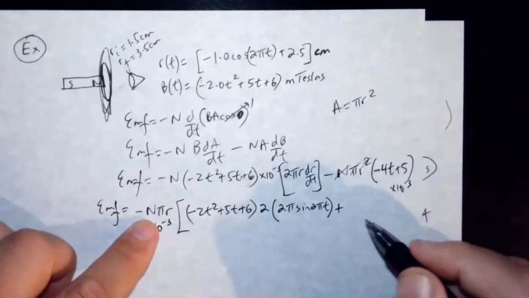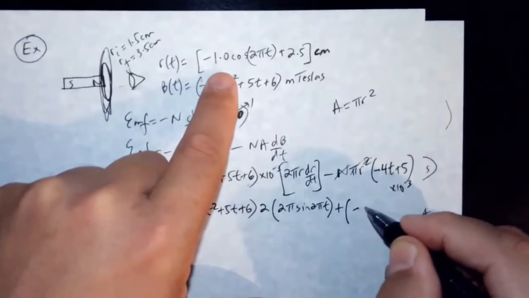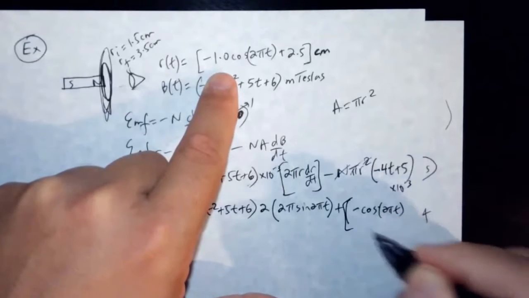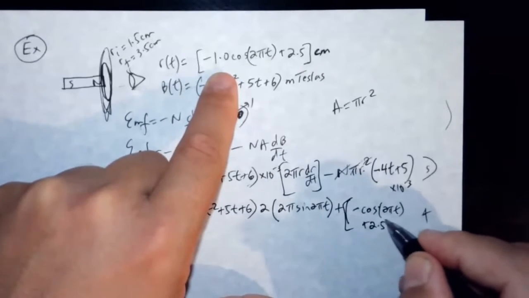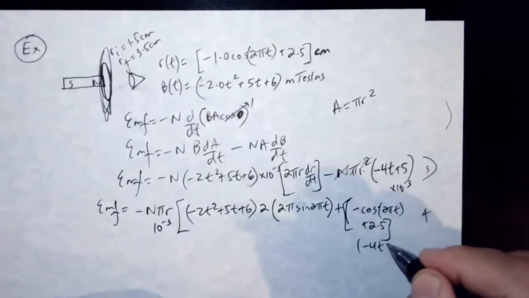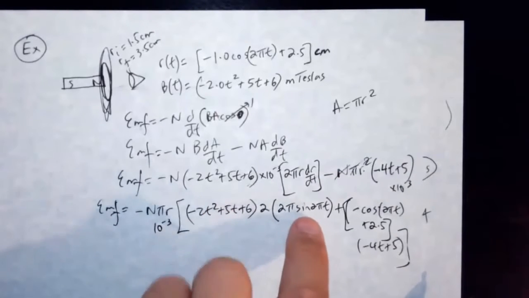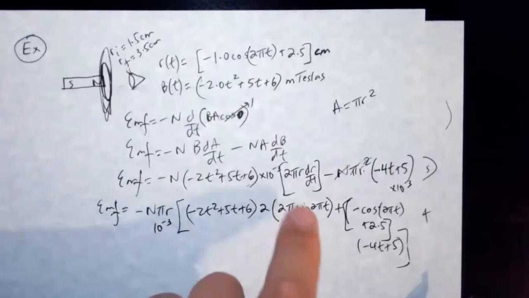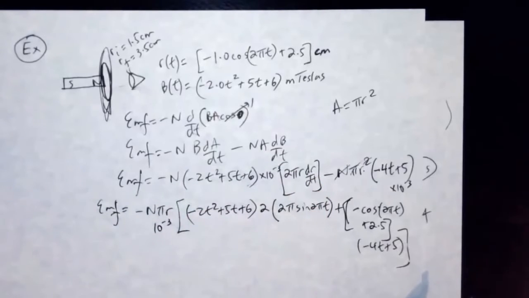So then you just have positive, and then one of the r's is going to give you that guy, negative cosine of 2 pi t, right, for one of the r's, plus 2.5. Then you're going to have this guy, negative 4t plus 5. And remember, 10 to the minus 4 comes out for the r, because this r is a centimeter, and then dr dt is also a centimeter. So then that becomes centimeter squared.